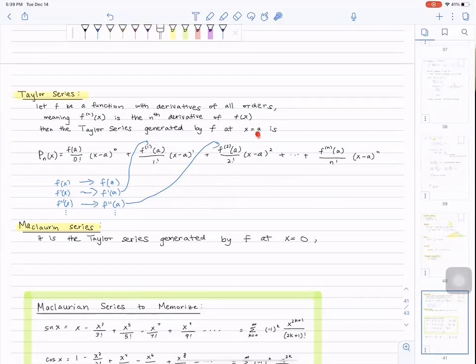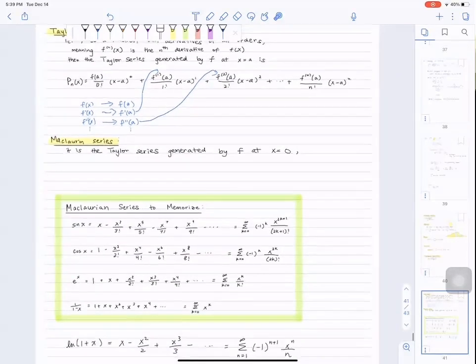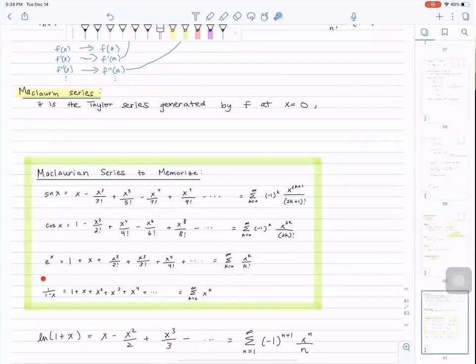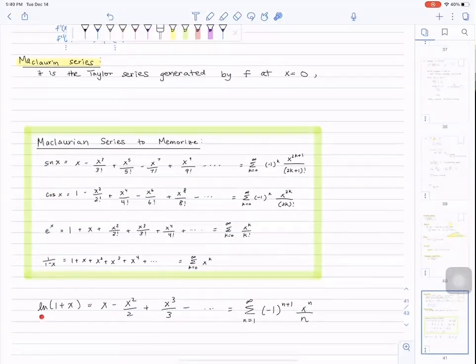Now, specifically, if that number a is 0, that's what they call a Maclaurin series. That's the Taylor series generated by f at x equals 0. The most common Maclaurin series, the big 4 that are used, are sine x, cosine x, e to the x, and 1 over 1 minus x. I also added a natural log one, which I've seen come up recently.